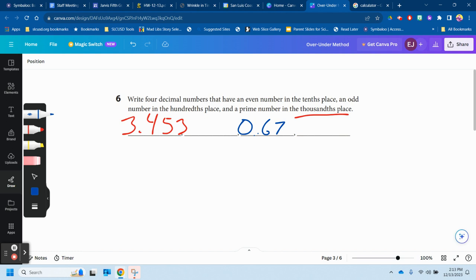Well, 7 is odd. It's also a prime number because the only factors it has are 1 and itself. 1 times 7 is the only 2 positive integers, whole numbers, you can multiply together to get 7. So I'll say 0.677. They didn't say you couldn't repeat a number. I'm just saying. I'll let you do the rest on your own.